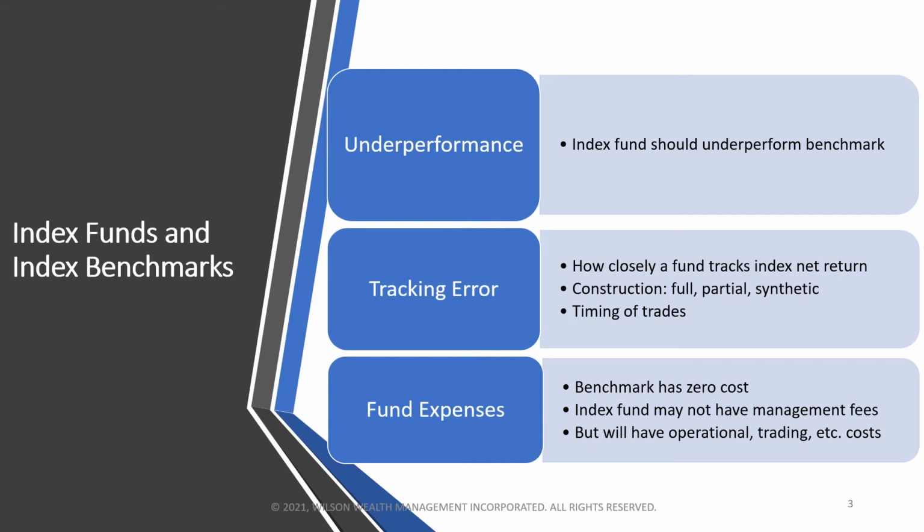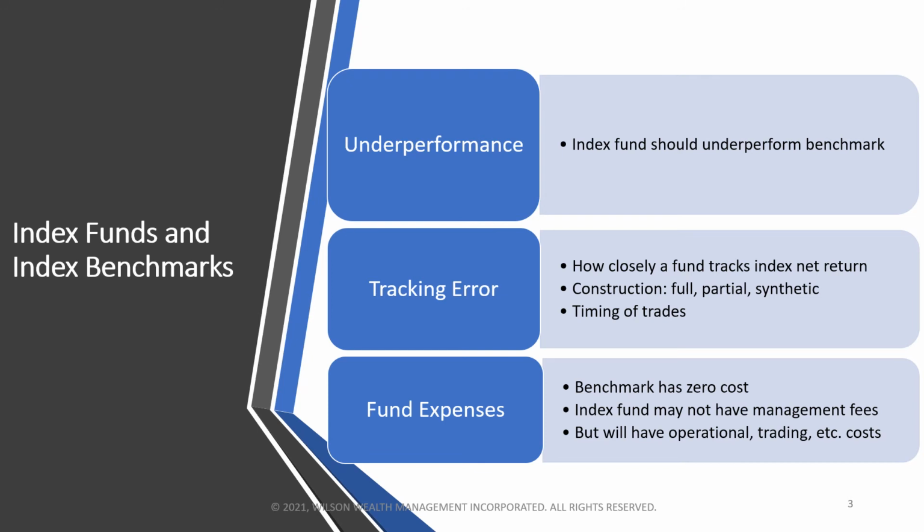And tracking error is how closely a fund tracks its benchmark. And part of that is the construction process of the fund itself. It could be full replication of the index.